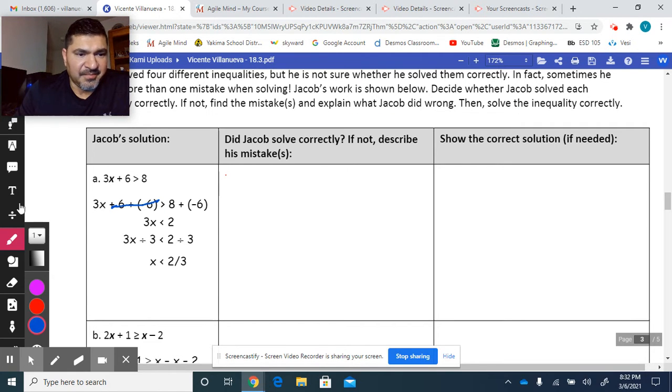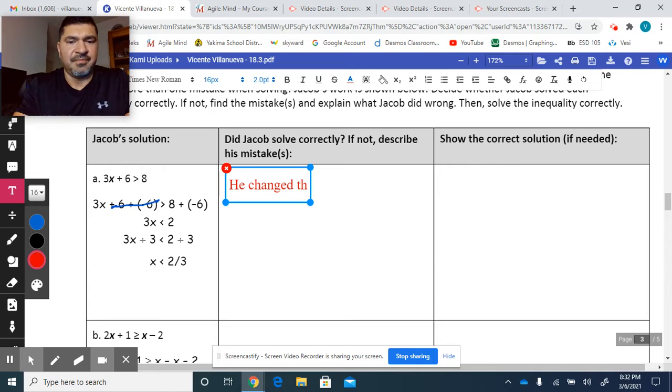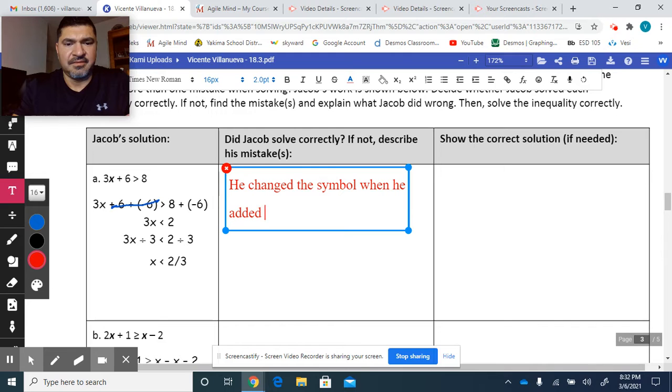So I'm going to go ahead and type that in. He changed the symbol when he added a negative.